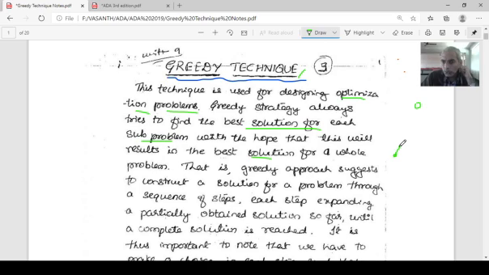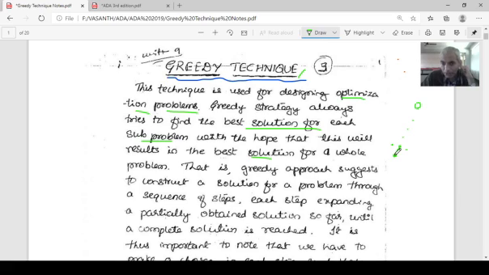In the greedy approach, step by step you are going nearer to your solution. When you are at this stage, in front of you there might be 3 feasible solutions. Out of these 3, you select the one best.